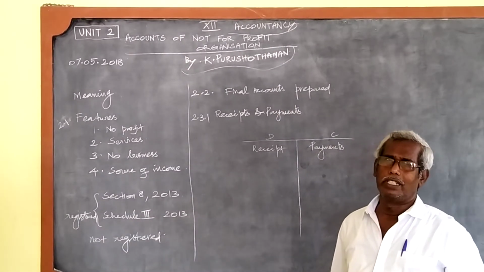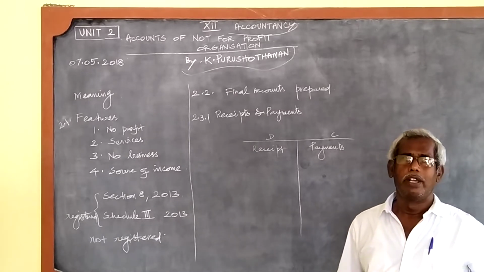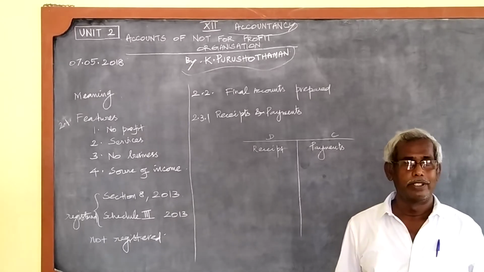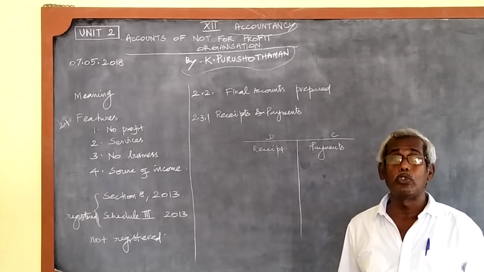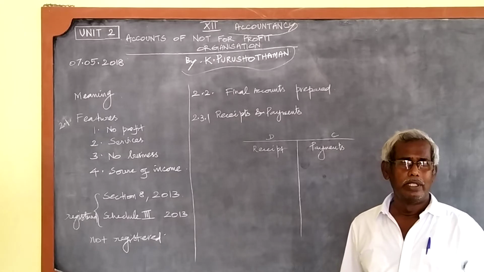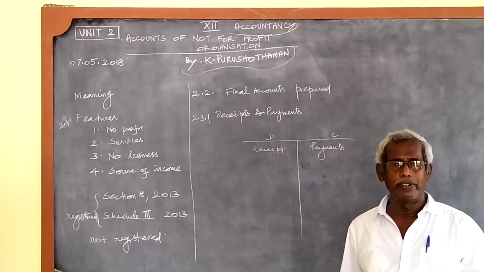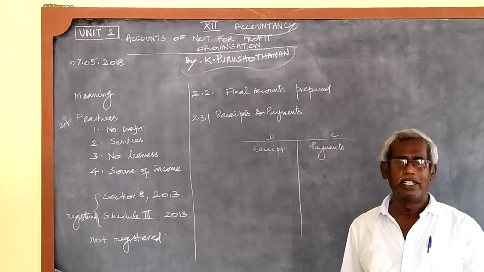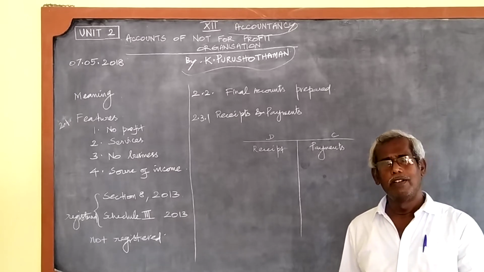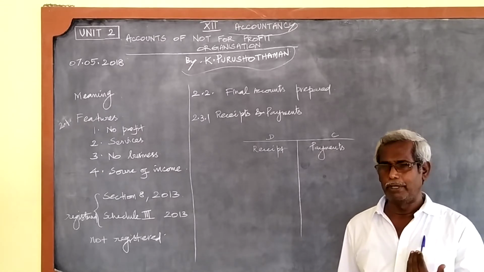See, whatever the type of organization, whether it is for profit or not for profit, they need some source to run the organization, no? If it is an organization for profit, they will invest the money and run the business. From there, they will earn the profit and they will get back the capital also.